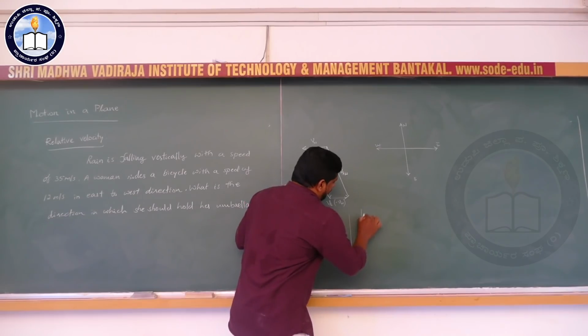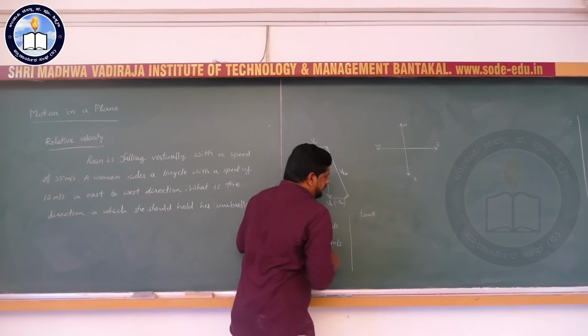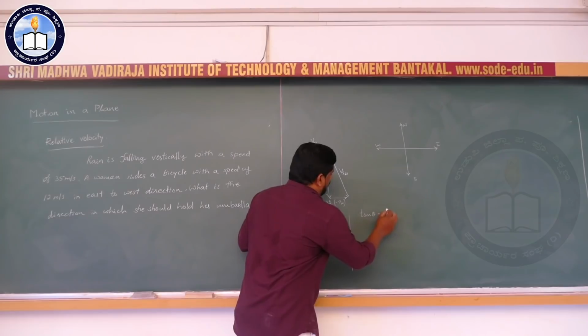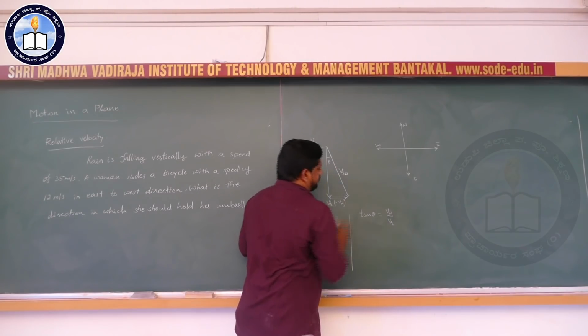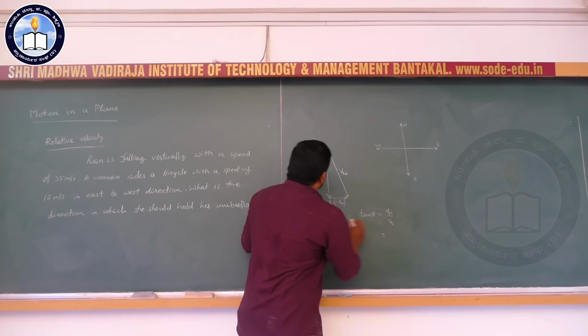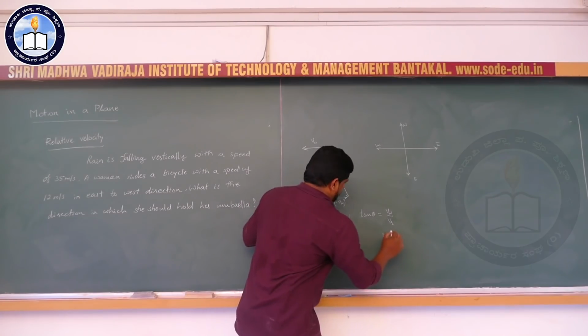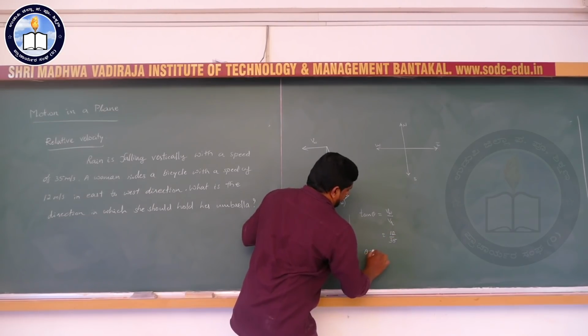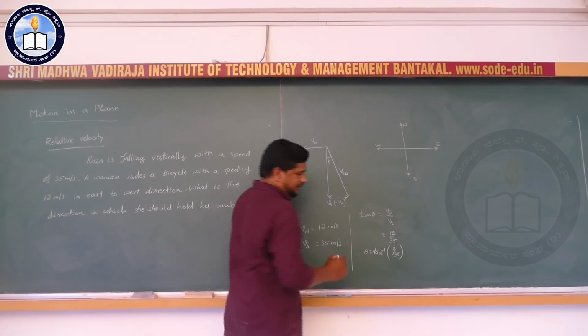Now, if we define tan theta is equal to VW divided by VR, so VW that is 12 divided by 35. Theta is equal to tan inverse of 12 by 35.